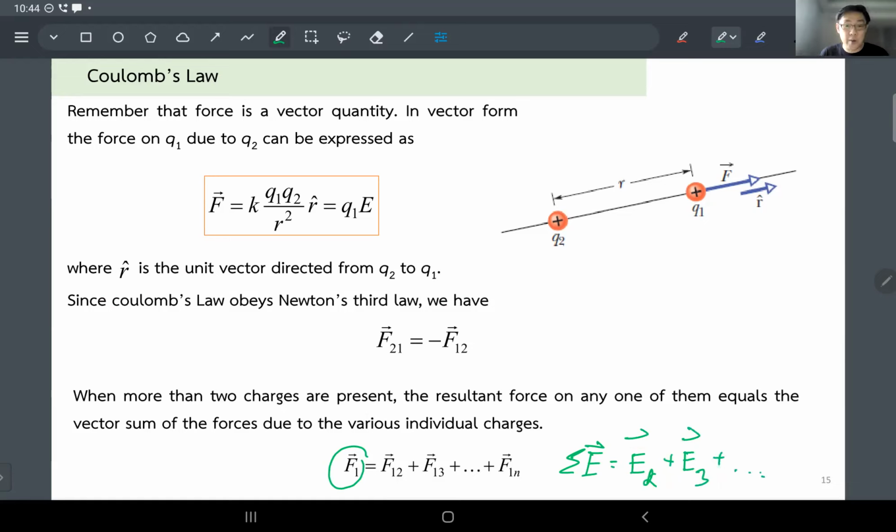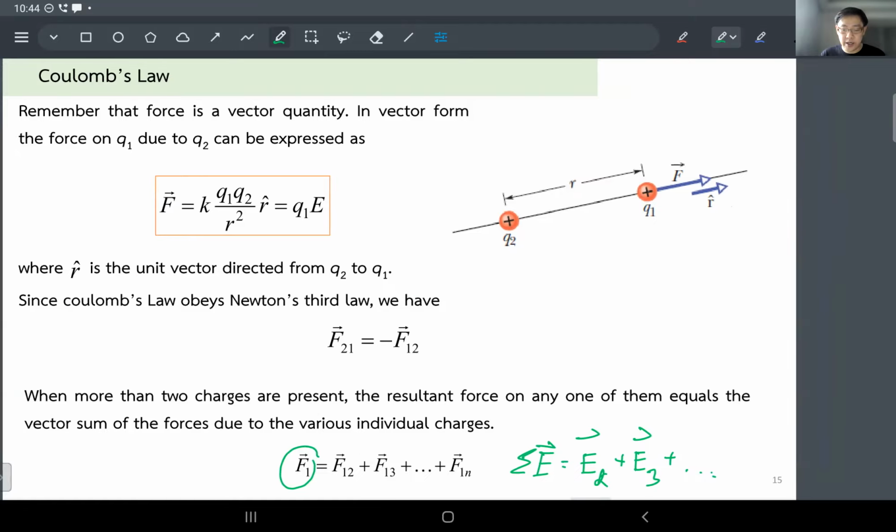And at the end, you multiply by Q1 to see what the net force acting on charge number 1 is, for example. So they're going to give you the same final answer. It just depends on which approach you prefer. You either get the field and then go down to the force at the end, or you take each pair, do the force calculation, and then do the summation at the end. Same thing. Let's take a look at the example and then it will be clearer.